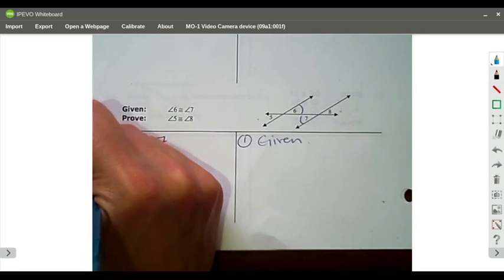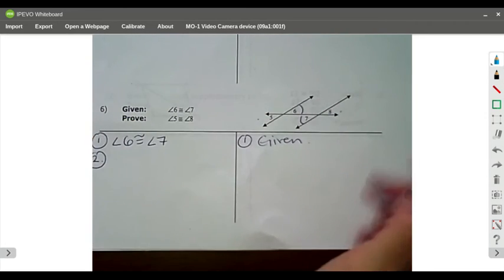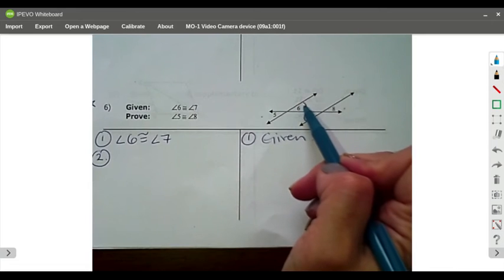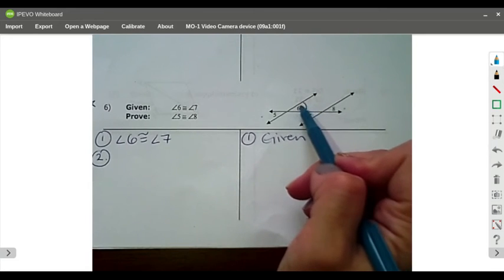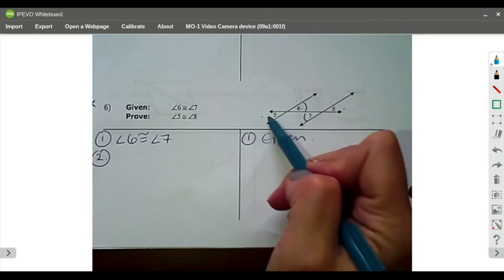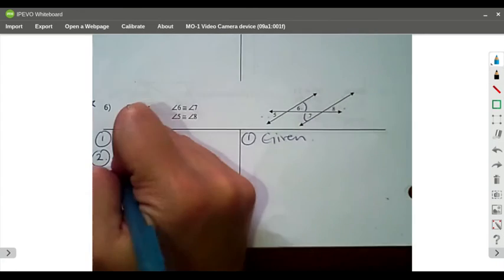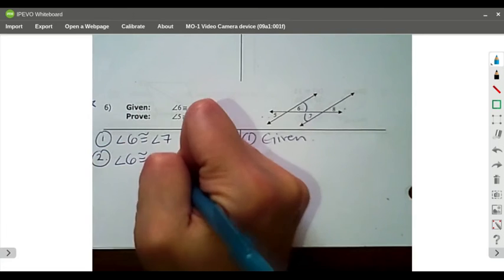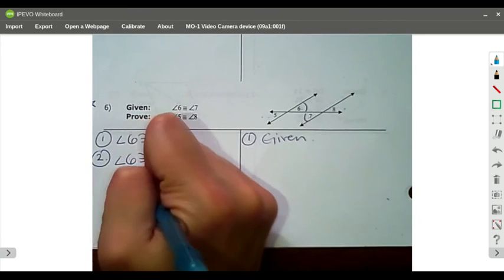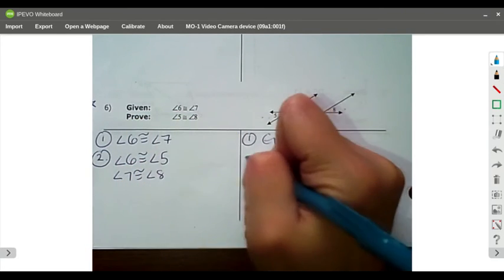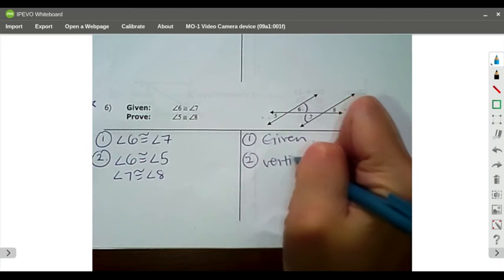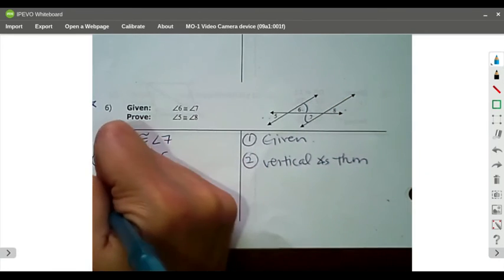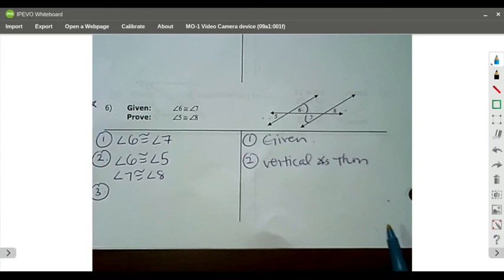I think there was one like this on the packet that was due today. But basically we can do some transitive, right? 6 and 5 are congruent, and 7 and 8 are congruent, by vertical angles theorem. Okay.